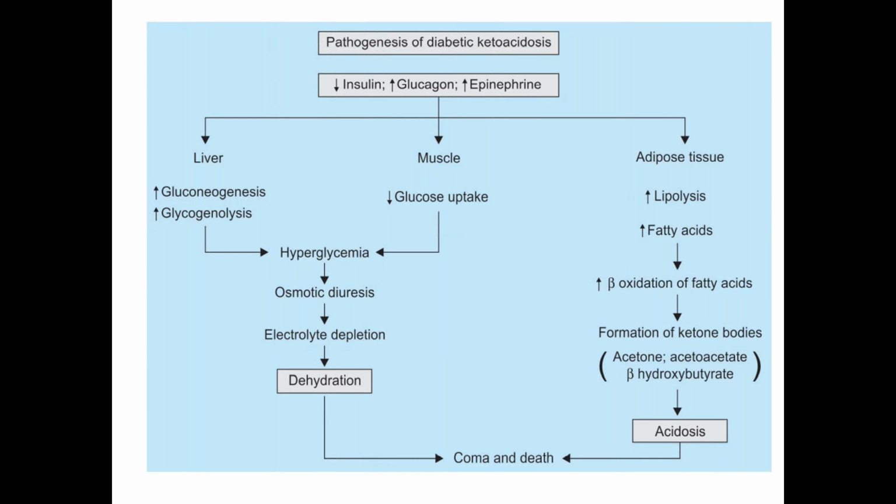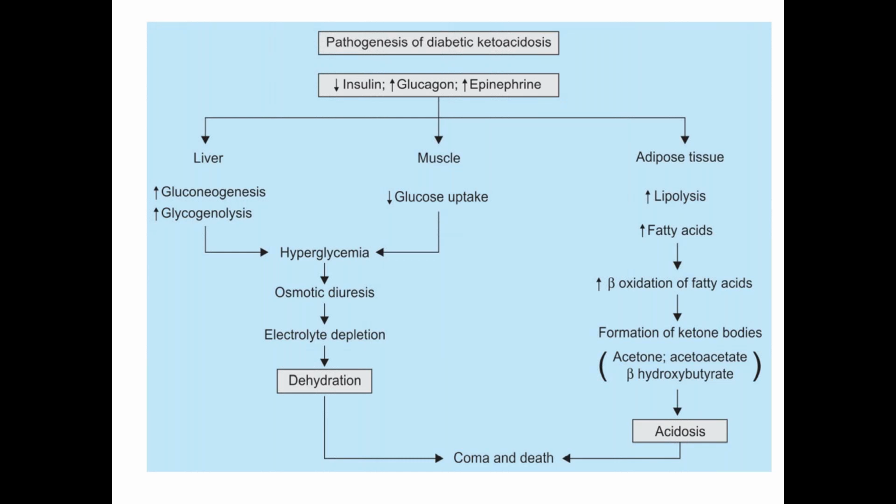So we should know the pathogenesis of diabetic ketoacidosis. It occurs most commonly in type 1 diabetes, which is insulin dependent diabetes mellitus, so insulin must be given. In the absence of insulin, the action of other hormones which oppose the action of insulin, increased glucagon and increased epinephrine, is increased.